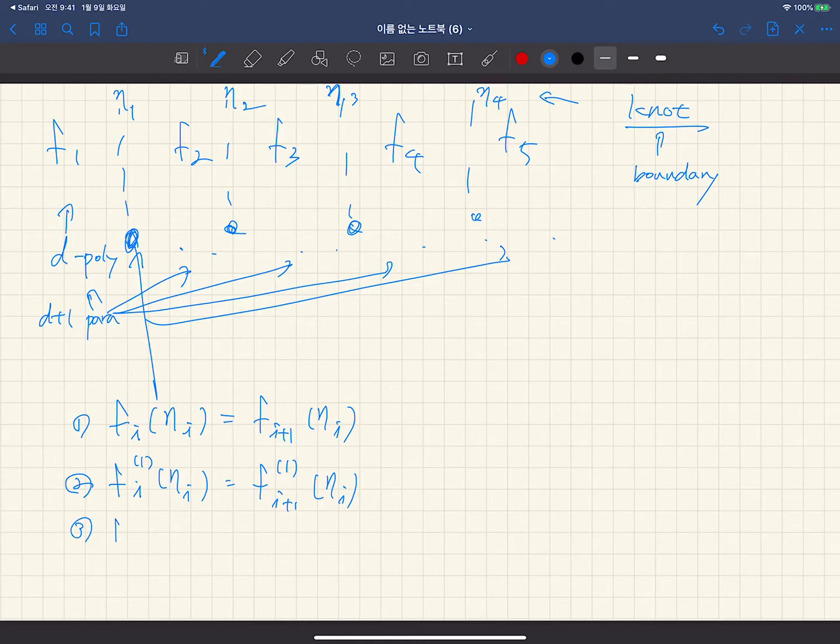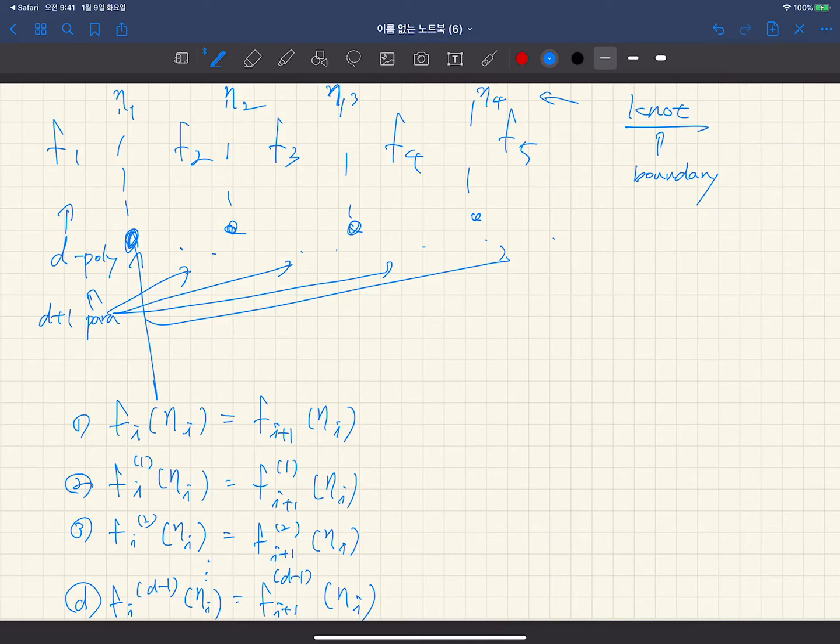The third condition is the second derivative of f_i, up to the (d minus 1)th derivative of f_i at eta i, has to equal that of f_{i+1}. So at each knot we introduce the constraints.